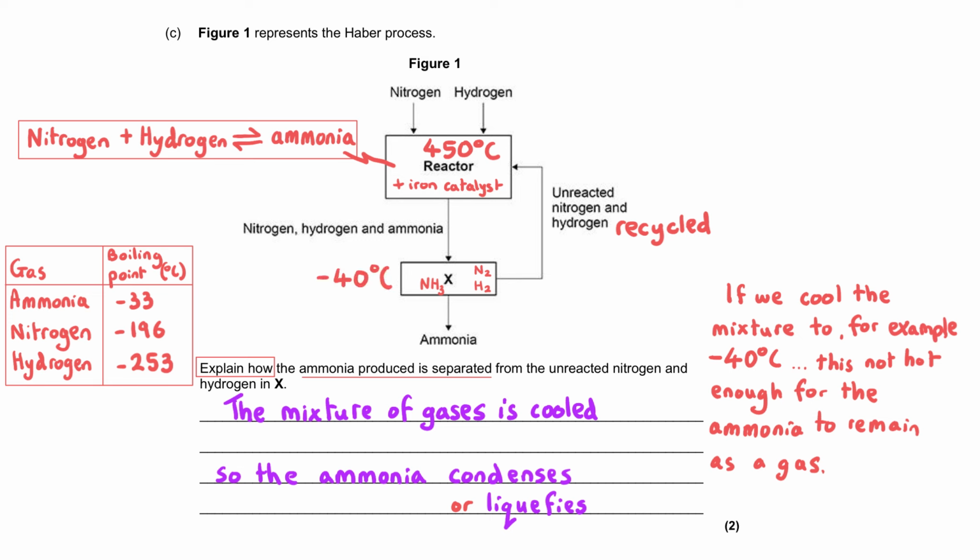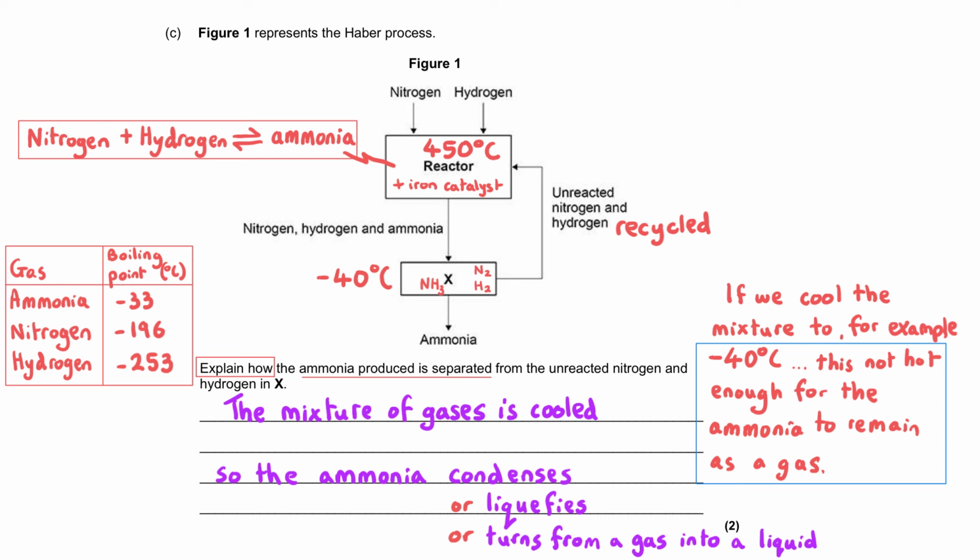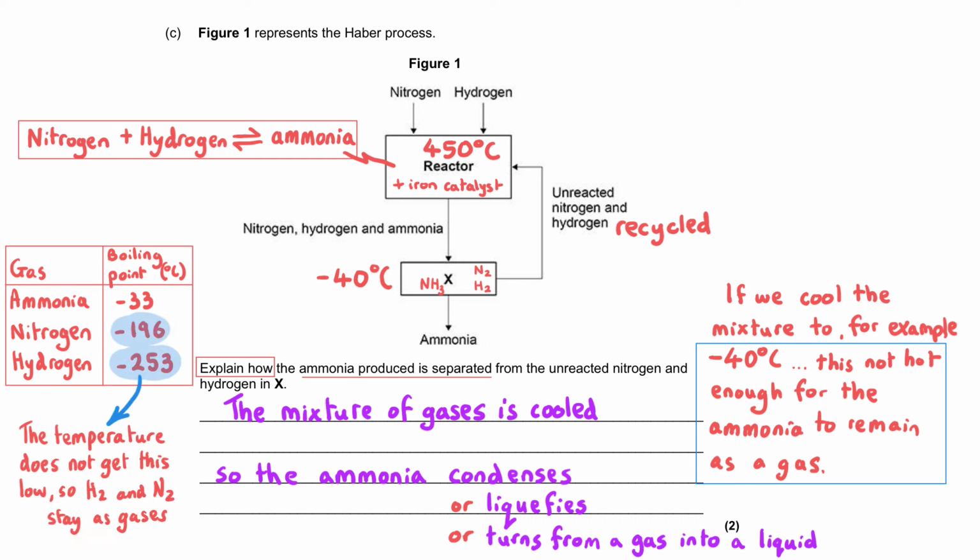And once the boiling point of ammonia is reached, the temperature is not high enough to keep that ammonia as a gas anymore. And so the ammonia turns into a liquid. The hydrogen and the nitrogen, they have a boiling point much lower still, and so it is still hot enough to keep those 2 molecules as gases, and so they remain as gases, but the ammonia has been liquefied as a result of this cooling down.